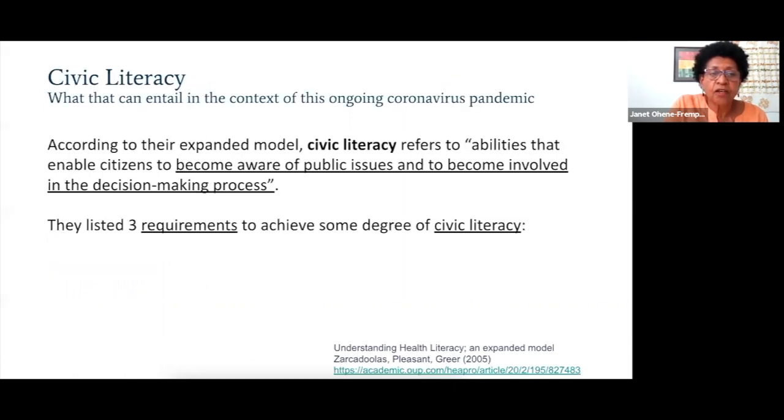So what do they mean by civic literacy? According to their expanded model, civic literacy refers to the abilities that enable citizens to become aware of public issues and to become involved in the decision-making process. And they listed 3 requirements to achieve some degree of civic literacy.